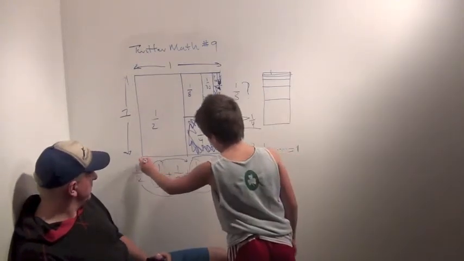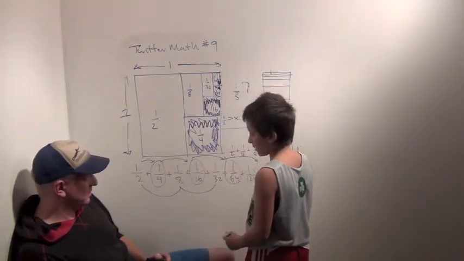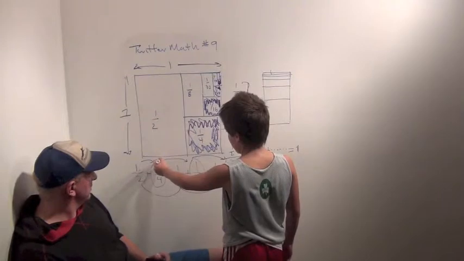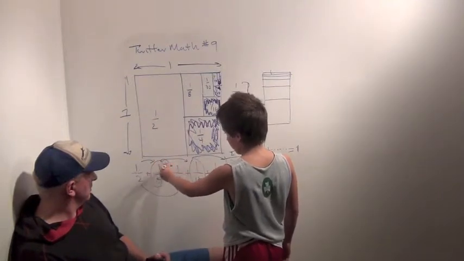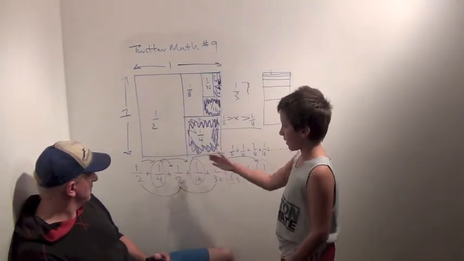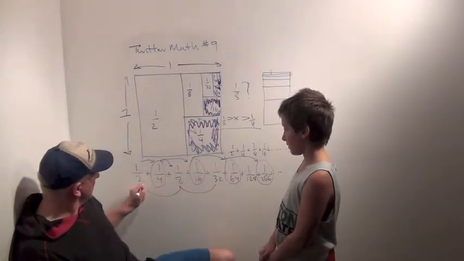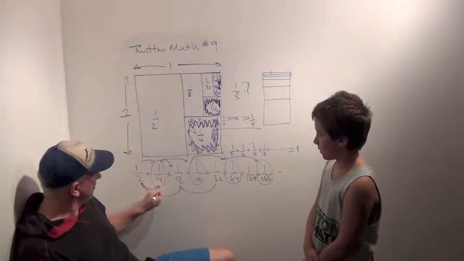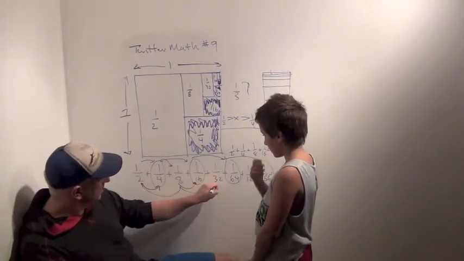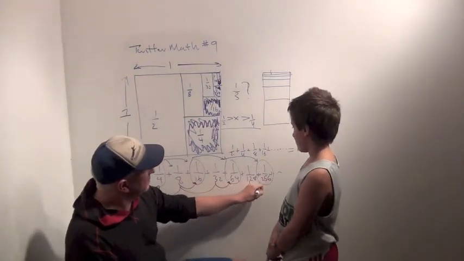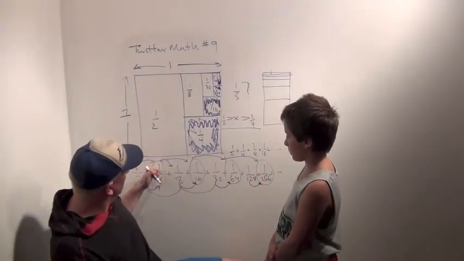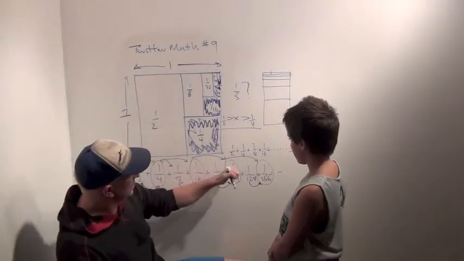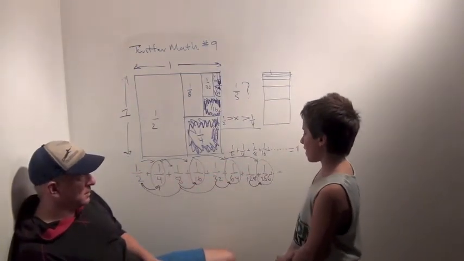Do you see any relationship between the two sequences? To get from each one, you multiply by 1/2. So to get from this sequence to the circled sequence, we're always multiplying by 1/2. Does that give you any hint about what the sum of this sequence might be in relation to the sum of the other sequence?